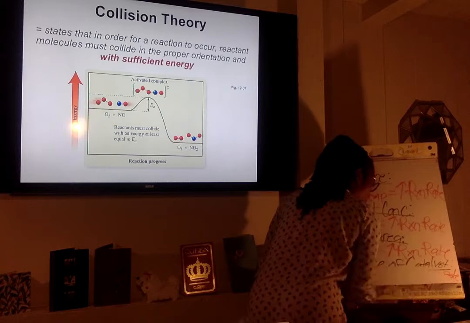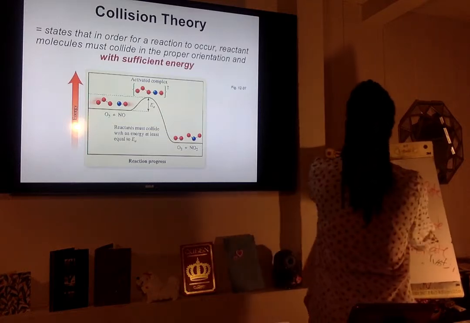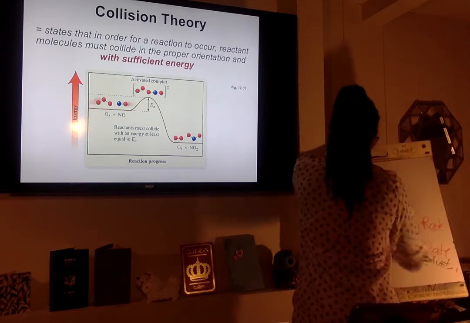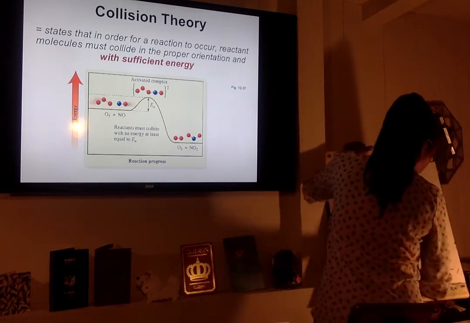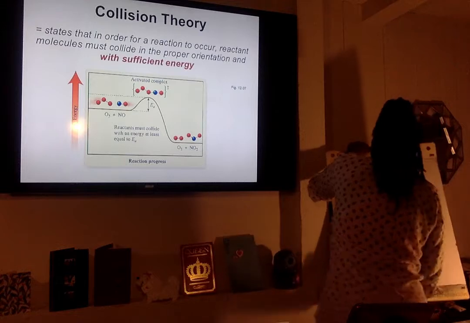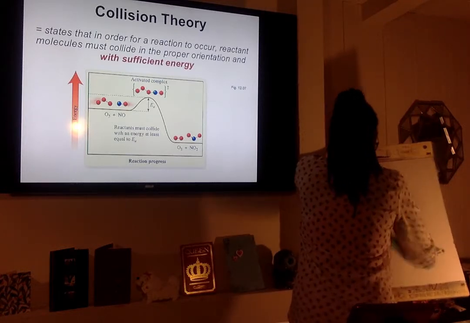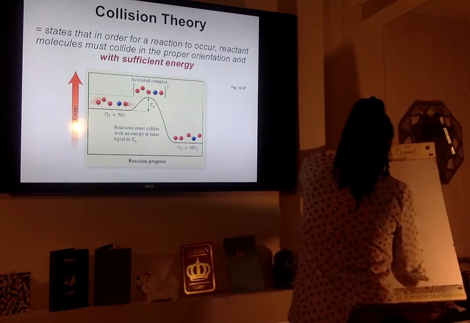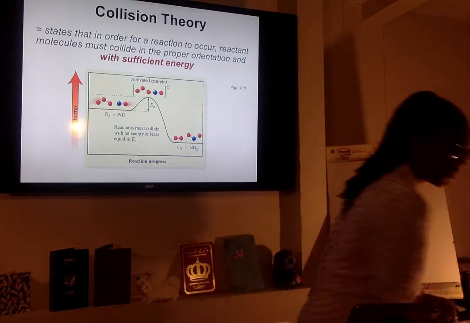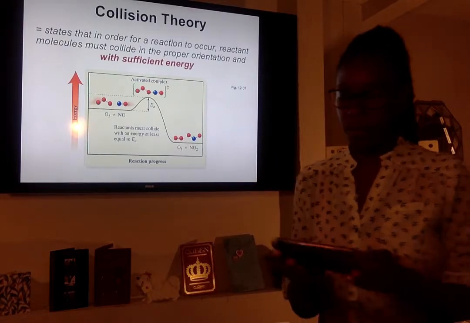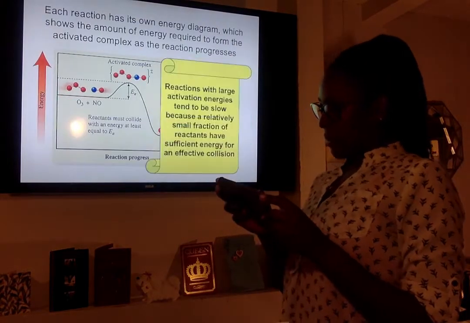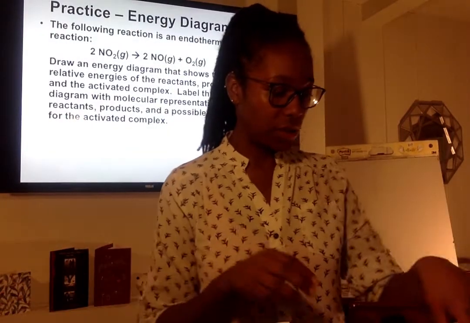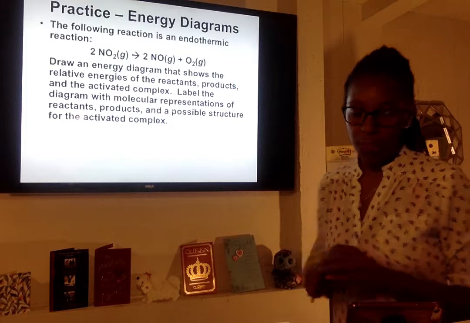So we're going to draw it for this chemical reaction. Okay, so I'm going to go back to the question so that we can look at that. So it wants us to draw an energy diagram for this reaction.